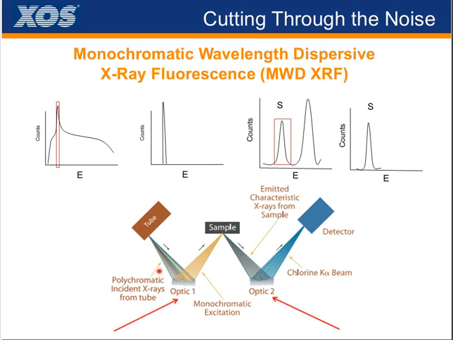So instead of having all this scatter and all this energy level, just throwing everything out there, it's very focused. It monochromates. And so when it hits the sample, you can see here on this graph, a very clean peak of energy, very, very clean, hitting the sample, just trying to stimulate that fluorescence for certain lighter elements.